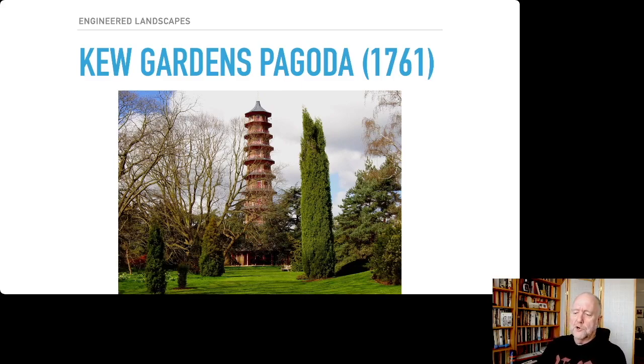And this was called Sharawadgi, which is a word that was used by William Temple in the late 17th century in an essay called Upon the Gardens of Epicurus. Temple said that he got the word from a Dutch traveller who'd spent some time in China, but there's no Chinese word apparently that matches the term, and it's most likely Japanese, or at least based on Japanese.